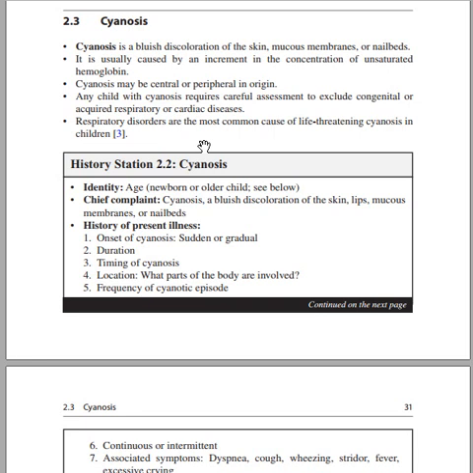Are you getting? I also want to point out that in case of anemia, when the patient is anemic, it is difficult for you to visualize that the patient is cyanosed, because in anemia there is a decrease in the percentage of hemoglobin in blood.